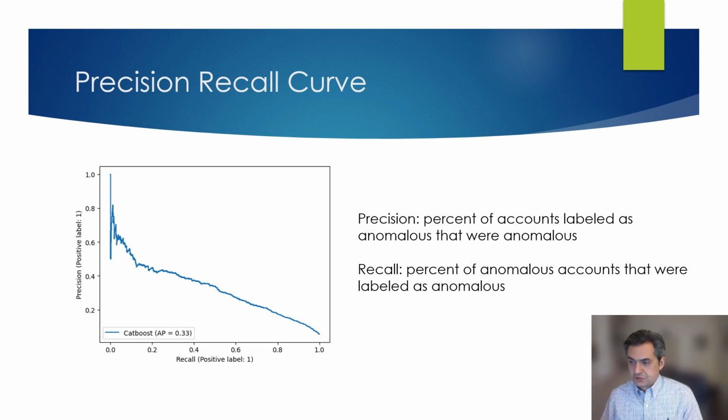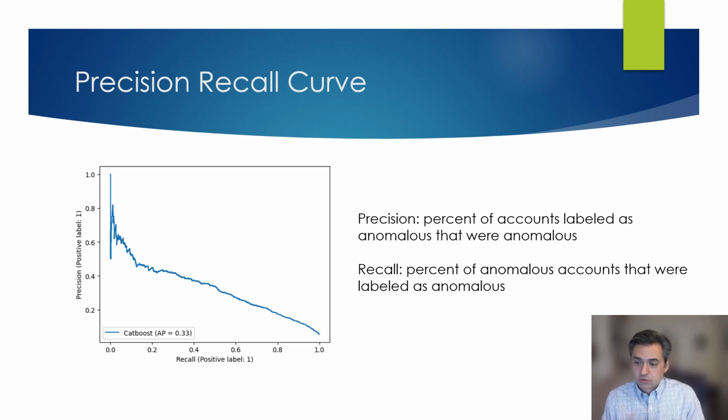Precision is basically accuracy, how many of the estimates were correct, and recall is how many of those that were anomalous the model actually included above that sensitivity point. The way you would read this is you look at the x-axis, which corresponds to different sensitivity points. For example, at a particular point where it says 0.6, that means 60% of the anomalous accounts were labeled as anomalous by the model.